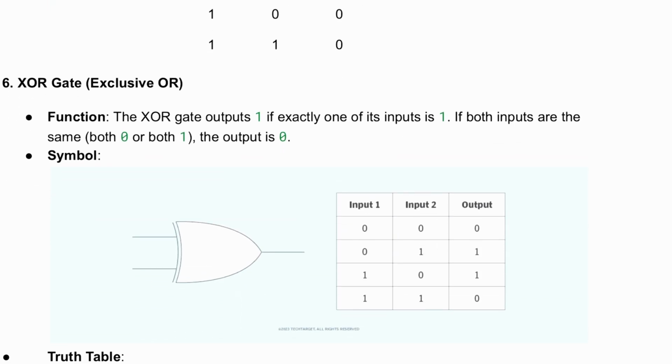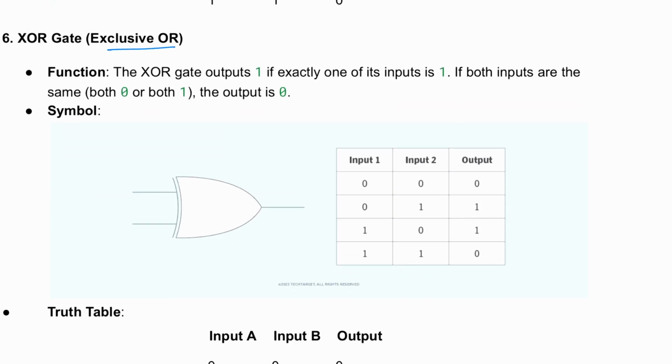Another one that comes is the XOR gate, which is the exclusive OR gate. So the XOR gate gives output 1 if exactly one of the inputs is 1. So listen to this carefully: if exactly one of the inputs is 1. So if you see here, none of the inputs is 1, the output is 0.